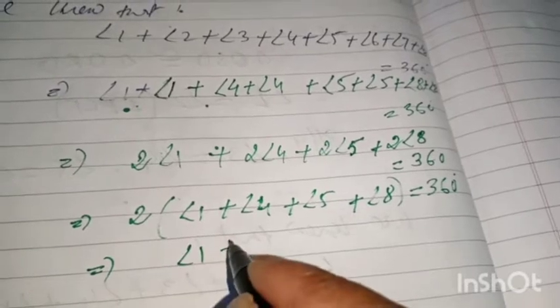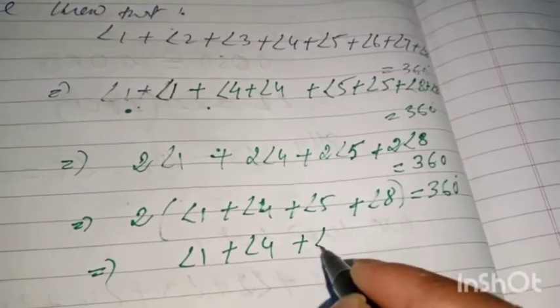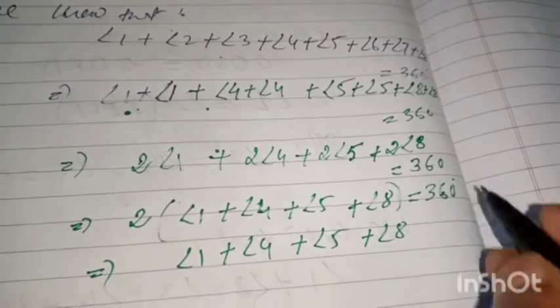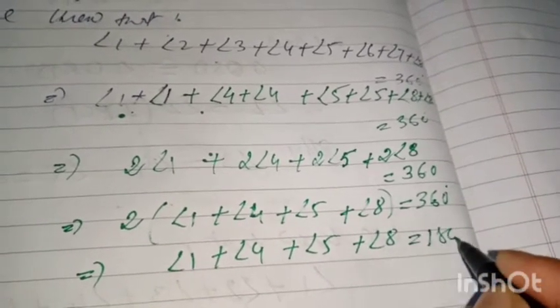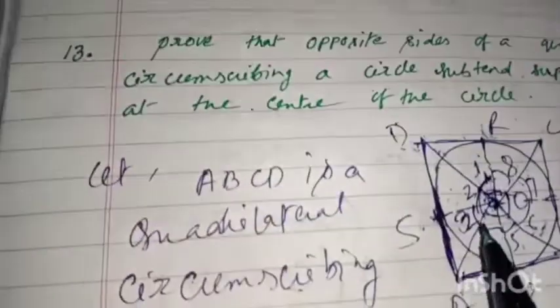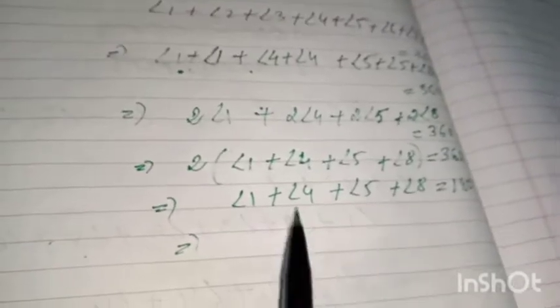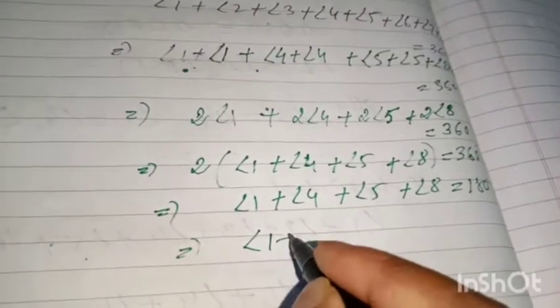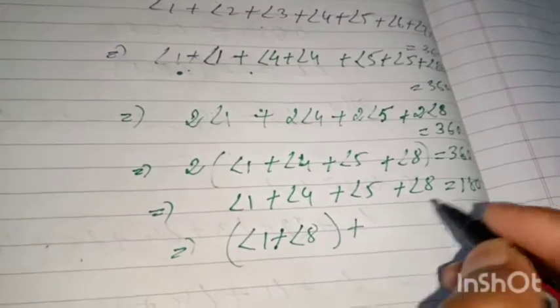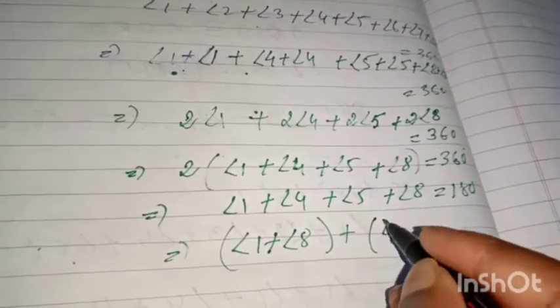So now 1, 4, 5, 8, and 360. If you transfer this to this side, how much will you get? 180. Now see the figure once again. What do you need? 4, 5 and 1, 8. So write like that in pairs: 1 plus 8 and 4 plus 5.